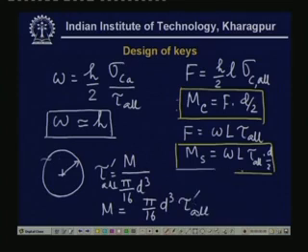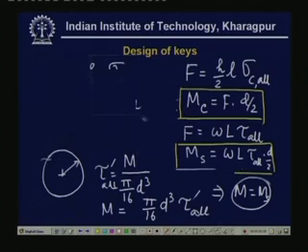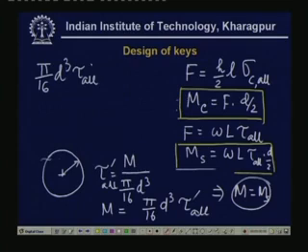Then we can decide L, the value of this length, by equating M and M S. So we equate M equal to M S, and when we do that we get the following expression: pi by 16 d cube tau allowable prime is equal to the shear W L d by 2 tau allowable.